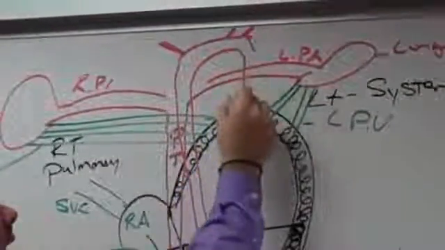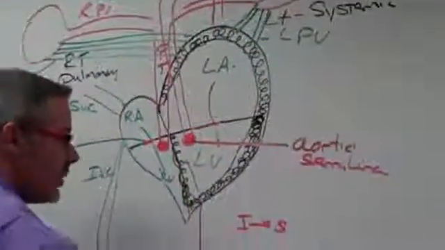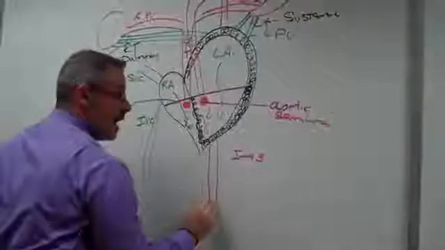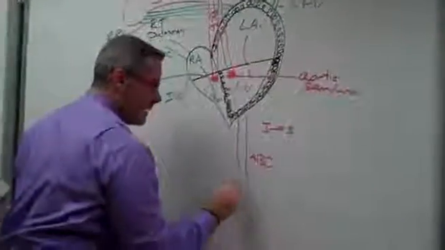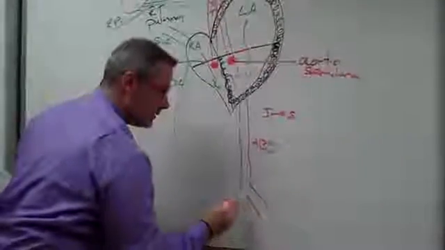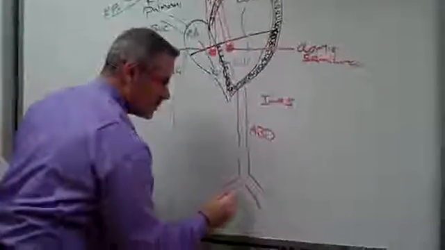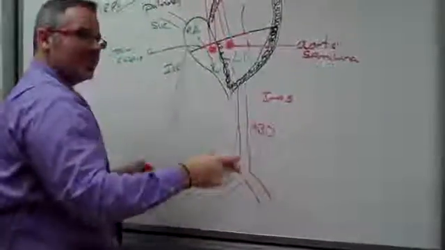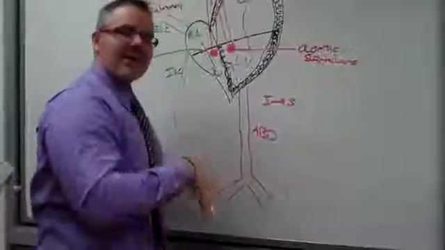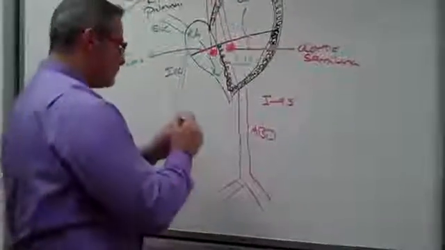This will then continue down into the thoracic aorta, all the way down into the abdominal aorta, and then that will split going to the lower extremities into the common iliacs that will split into an internal and external iliac that will feed the entire lower extremity.